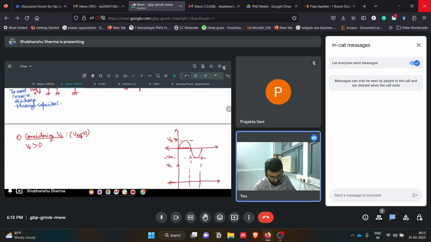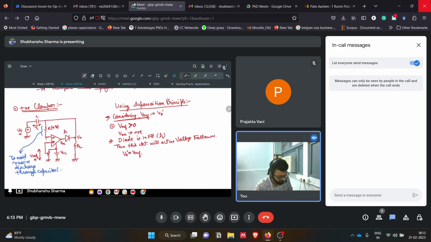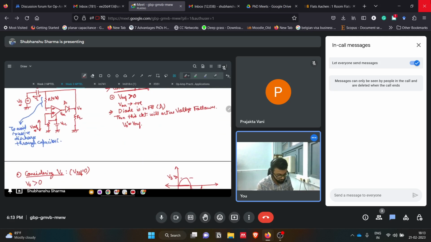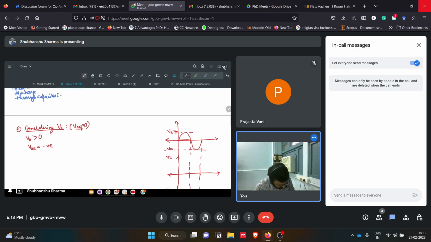So that means VOA equals negative, because this is at more potential than the non-inverting side. It will be acting as an inverting amplifier. So this D1 will be reverse biased.